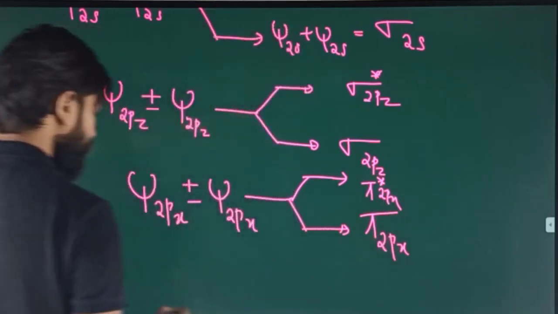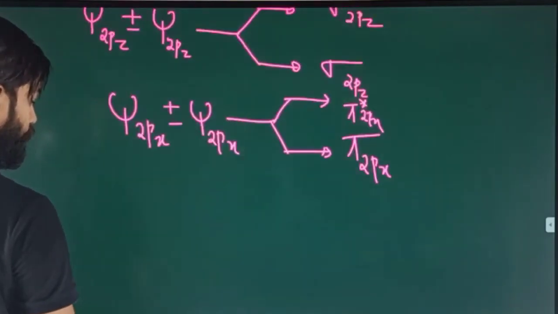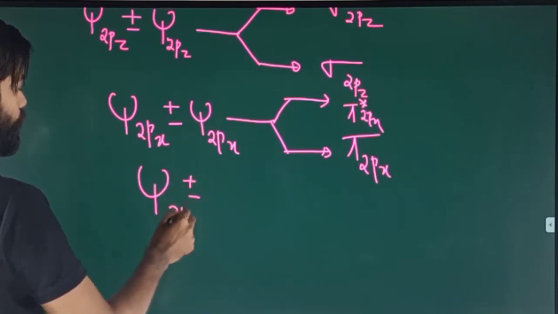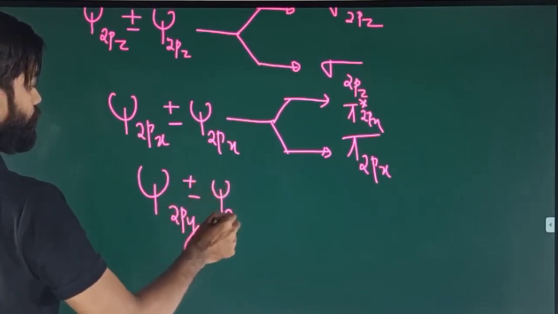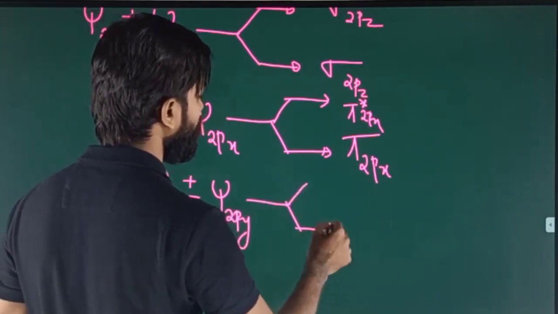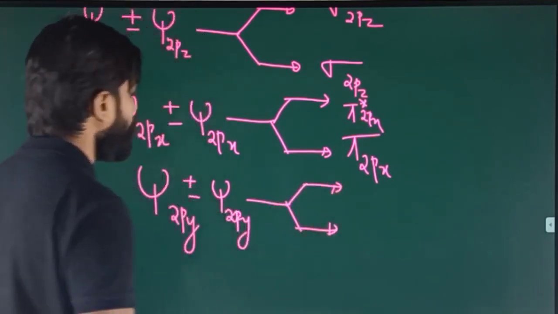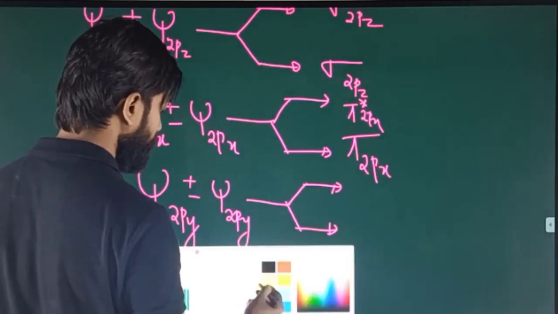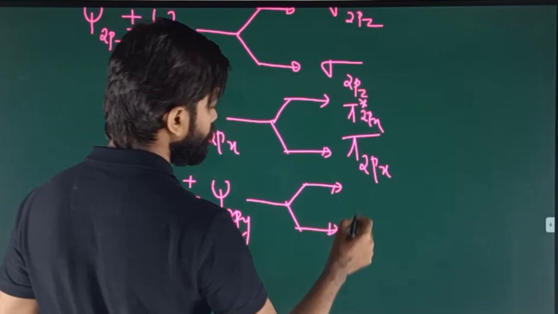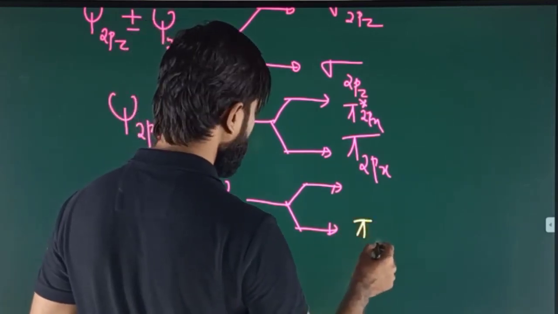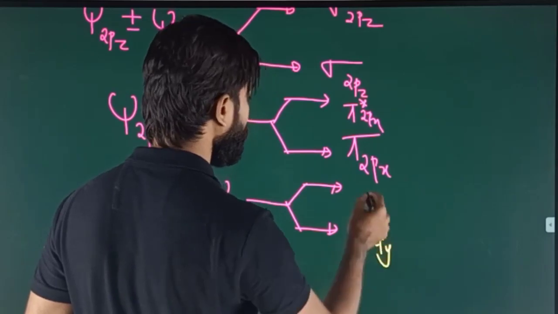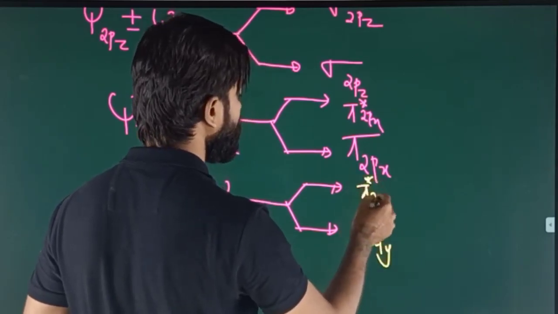Similarly, one more, the combination between two 2py orbitals. Here the additive combination forms pi 2py and the subtractive combination forms pi star 2py.